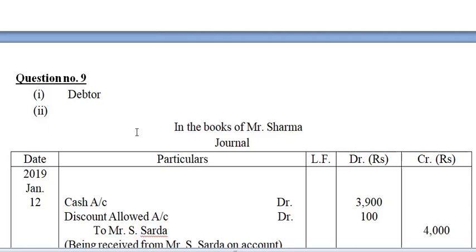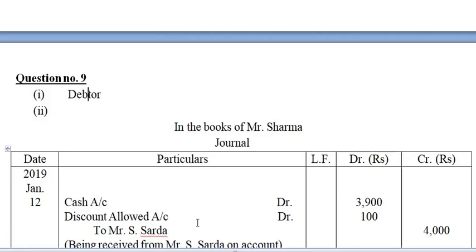Okay, so the question: on 1st January 2019 was Mr. S. Sarda a debtor or creditor to Mr. Sharma? So if this balance BF, you can see out here it is balance written BF. So BF or BD, I have explained you already that it is the same thing. BF stands for brought forward, BD stands for brought down. So if the BD or BF is towards the debit side, it means it is debtor.